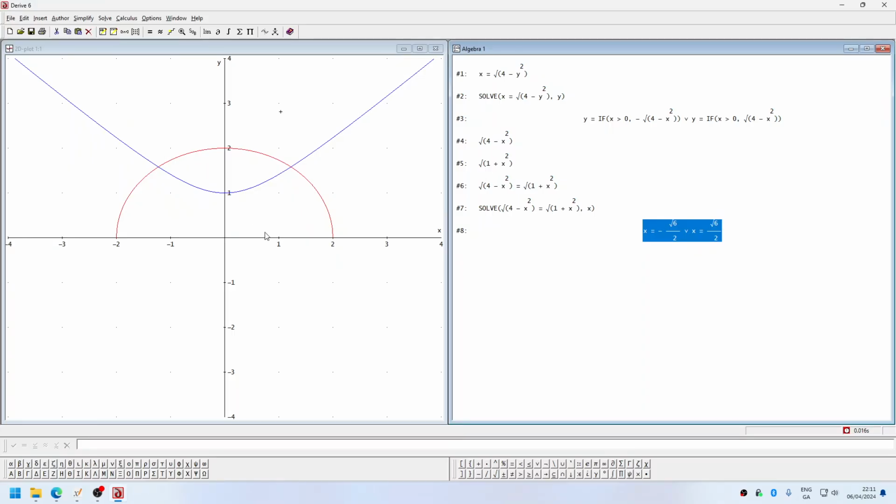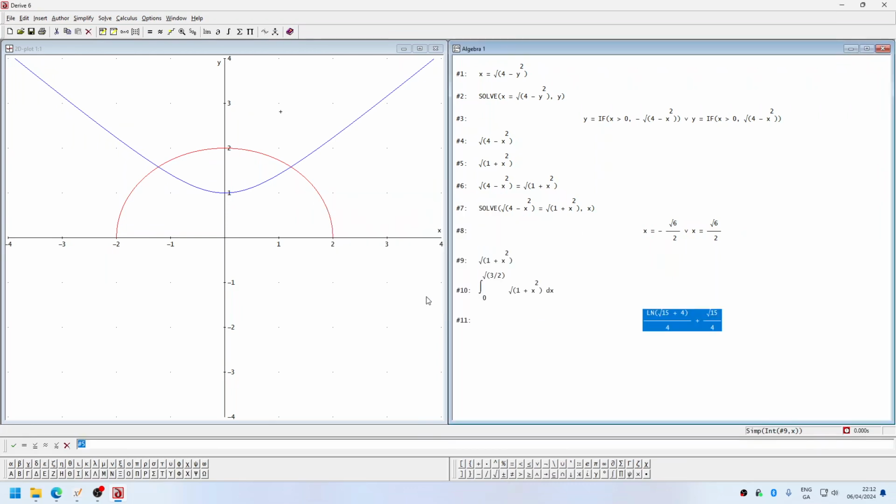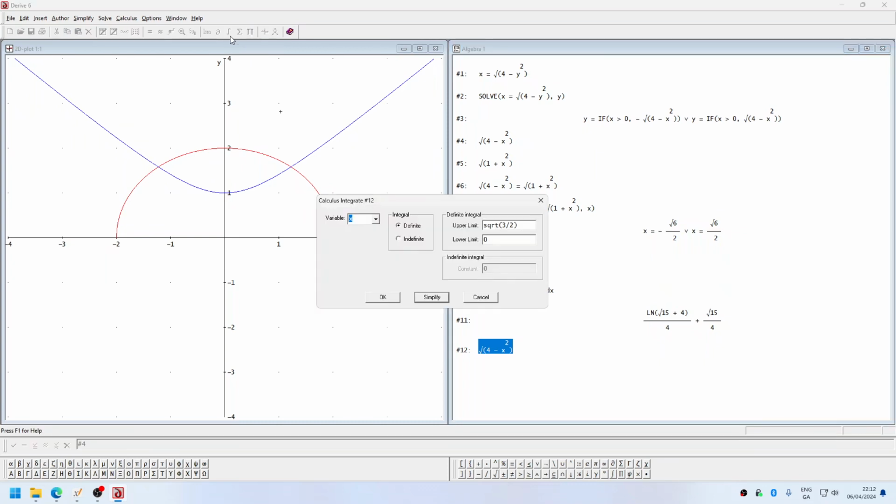Okay, so the area I got was this piece here, so that would be underneath the quadratic one, which is the root. So that's line 5 integrated. And then line 4 integrated.